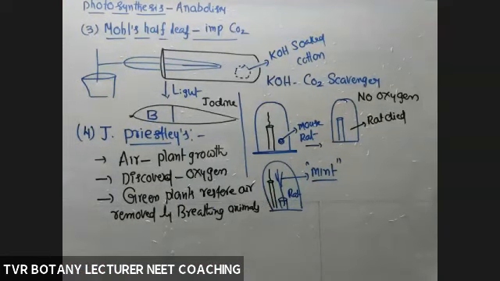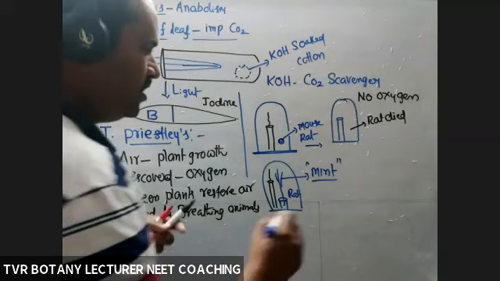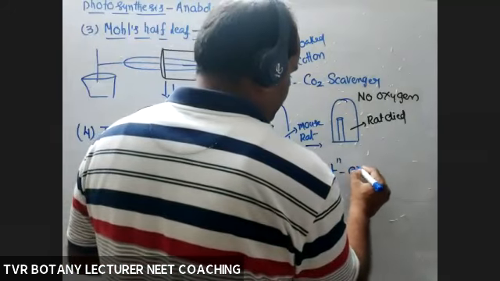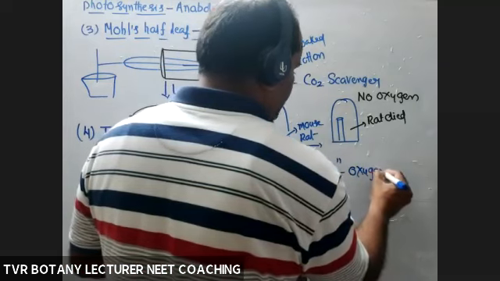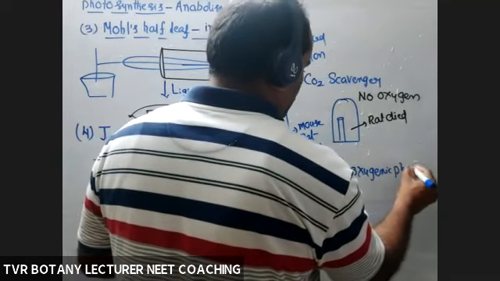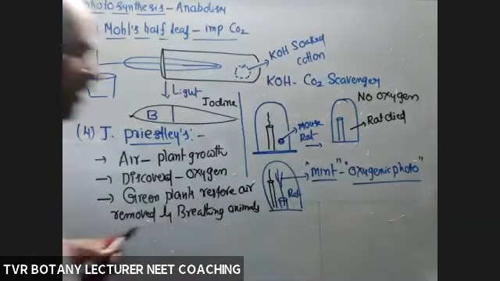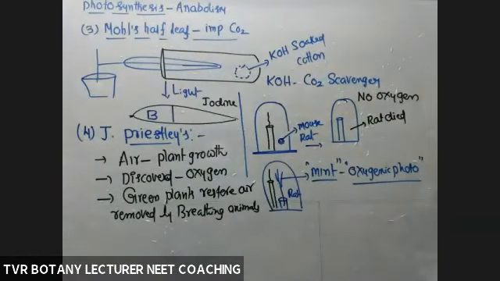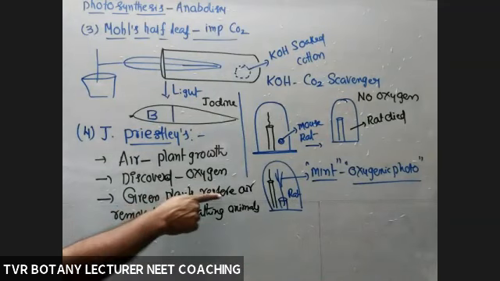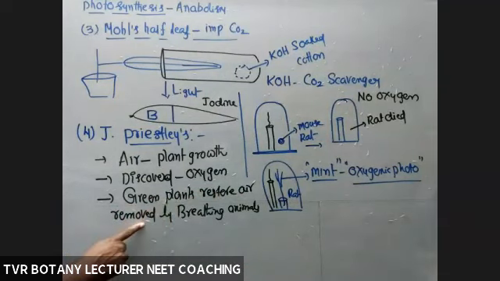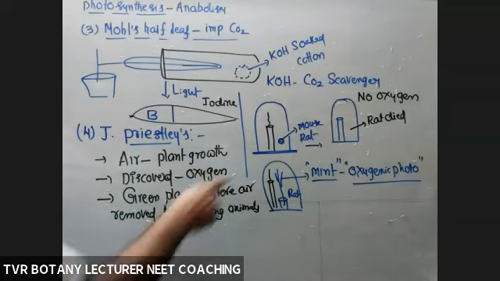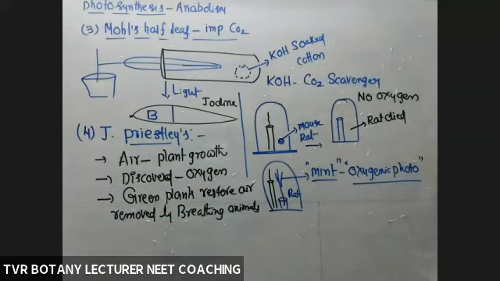The burning candle continued and the mouse survived. That is because of oxygenic photosynthesis. Mint is able to perform oxygenic photosynthesis. What is oxygenic photosynthesis? Oxygen evolving photosynthesis. So the third statement: green plants restore air removed by breathing animals and burning candle.